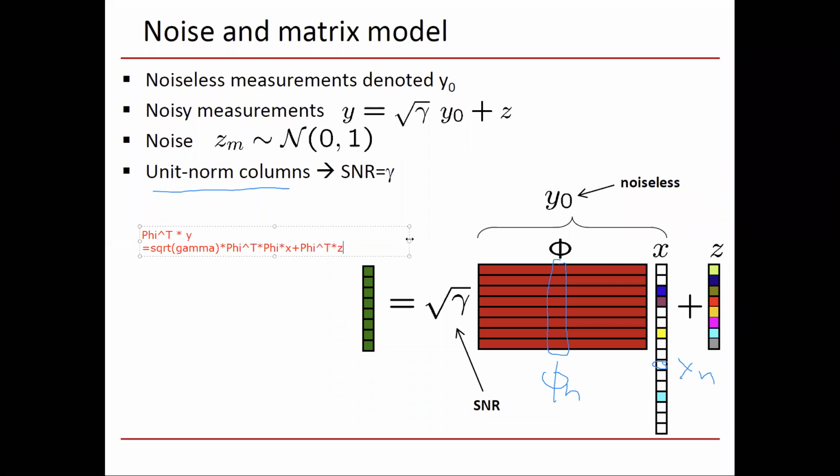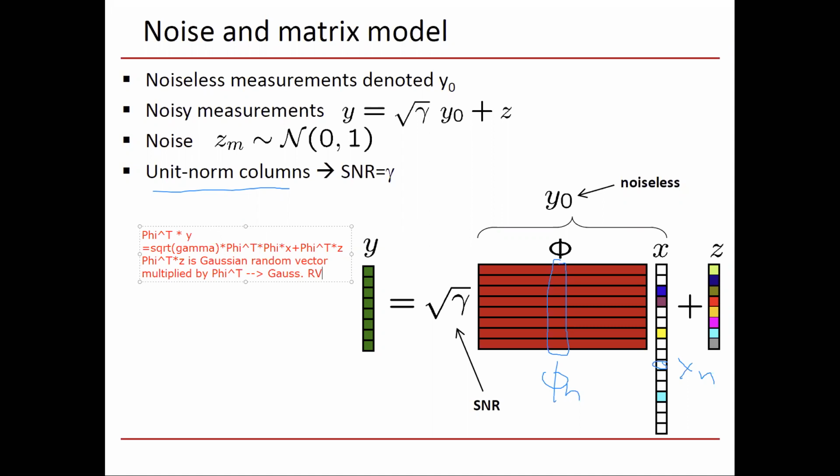Now, if you think about it, phi transpose times z is a Gaussian random vector. Z is i.i.d. Gaussian noise, okay? So it's a Gaussian random vector multiplied by phi transpose, meaning that we still have a Gaussian random vector.